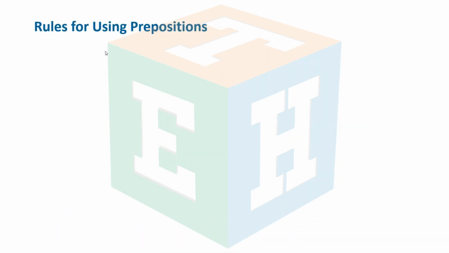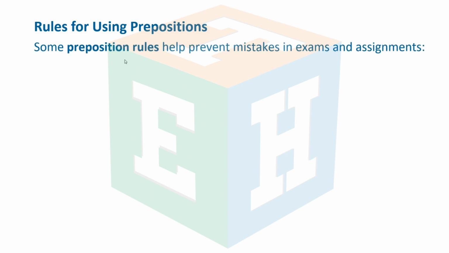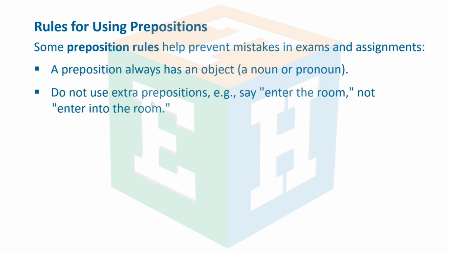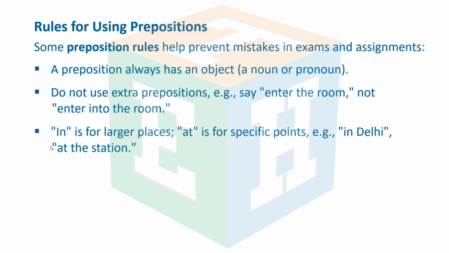Rules for using prepositions. Some preposition rules help prevent mistakes in exams and assignments. A preposition always has an object, a noun or pronoun. Do not use extra prepositions. Example, say, enter the room, not enter into the room. In is for larger places.